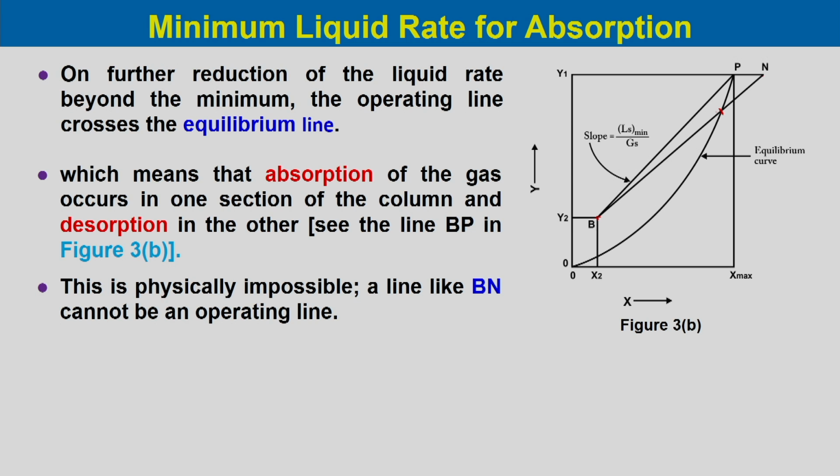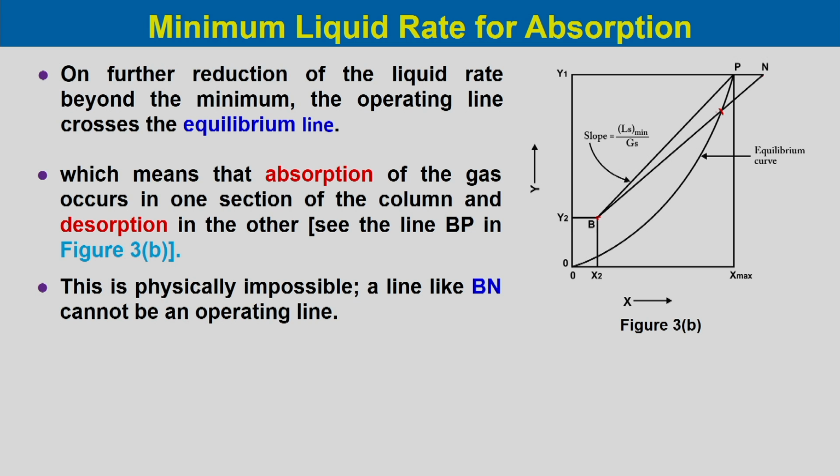Because in a single column, part of it cannot operate as an absorber and part as a stripper. The same operating line cannot cross the equilibrium curve.